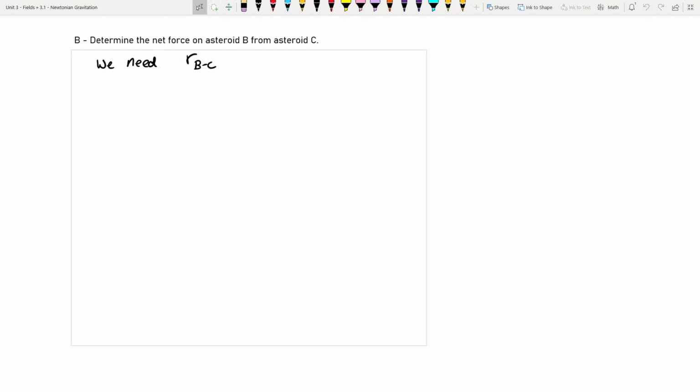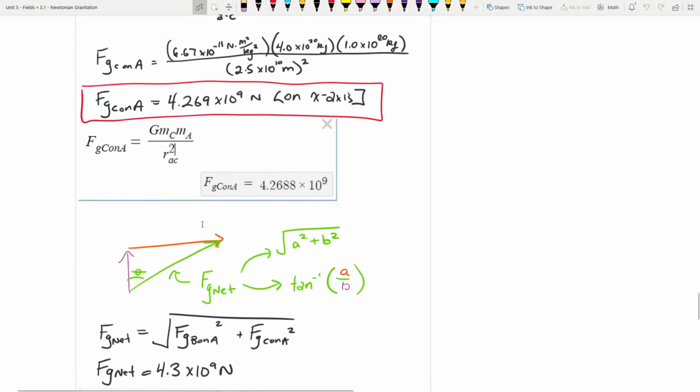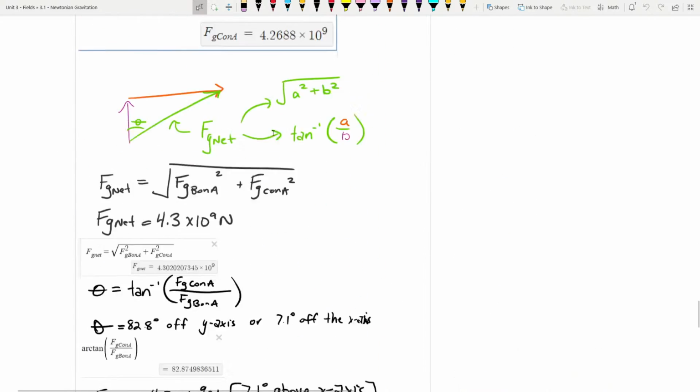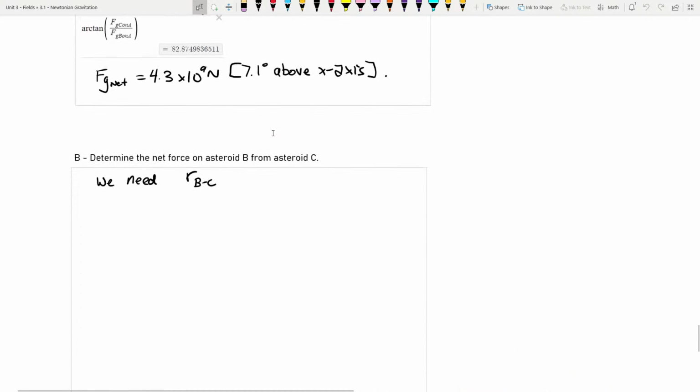And so if we look at our diagram, we'll draw it. We know that this is 5.0 times 10 to the 10. We know that this is 2.5 times 10 to the 10.